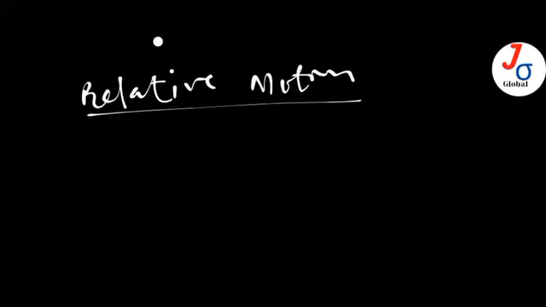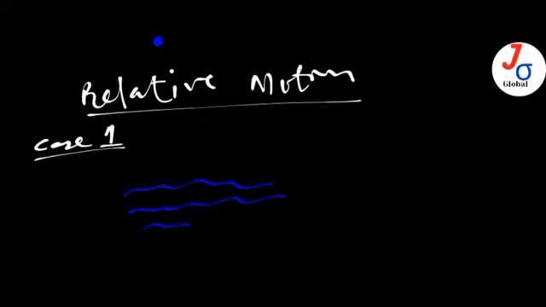All right. So we're going to be looking at three cases of relative motion. I'm going to be using just a ship moving across a river, or an ocean. Let's say case one, the first case. We have this ocean of water. Then we have the ship.